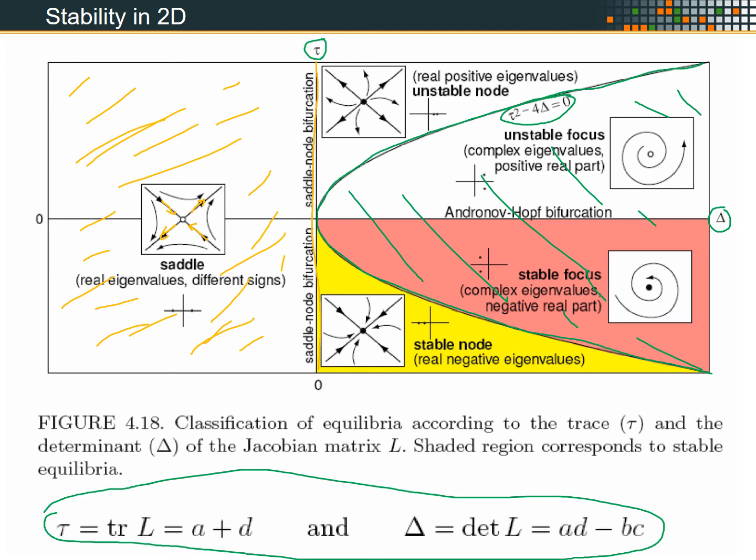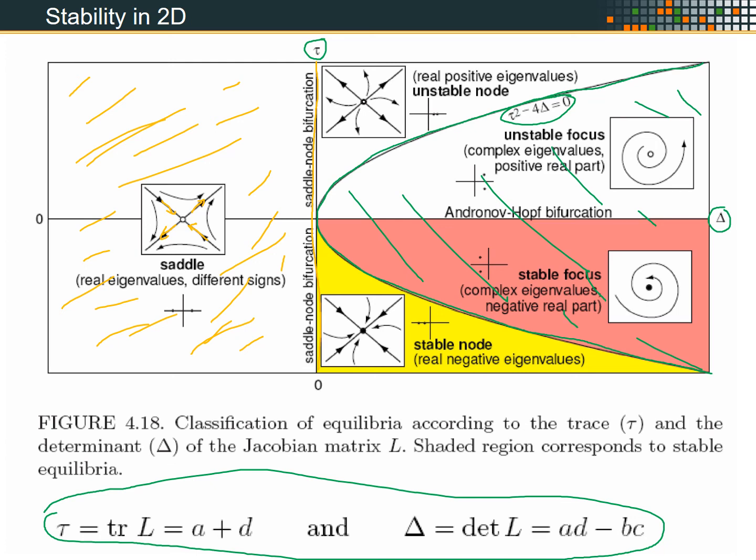The right-hand side, for the regions that are not green, contains two alternative cases. The first one is the unstable fixed point, where you have real positive eigenvalues.